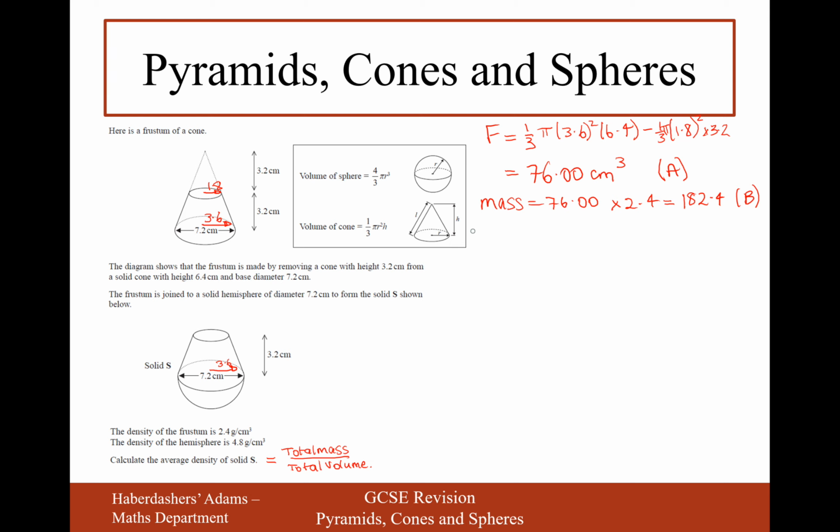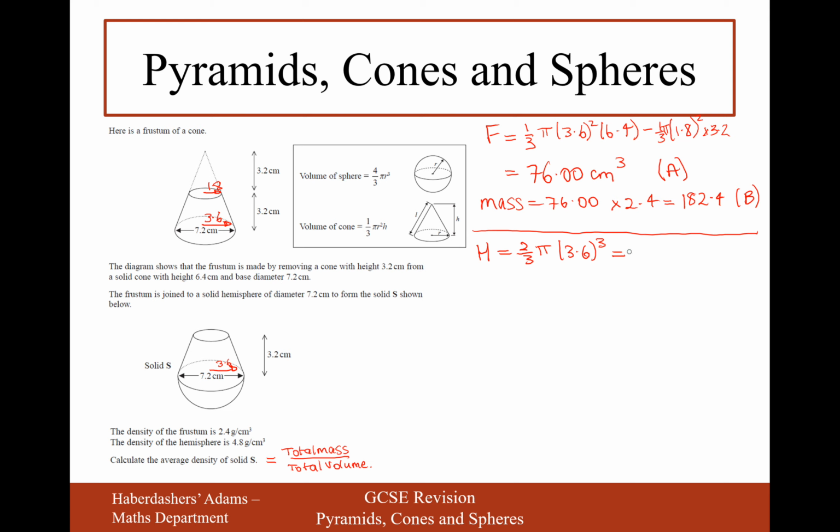Right, so now let's move on to the hemisphere on the bottom. So the hemisphere is going to have radius 3.6. So the hemisphere, I'll call it H, equals, it's only a hemisphere, so I'll half the sphere, 2/3 times pi times the radius cubed, so that would be 3.6 cubed. And let's do that on the calculator now. So 3.6 cubed times by 2/3 times by pi.